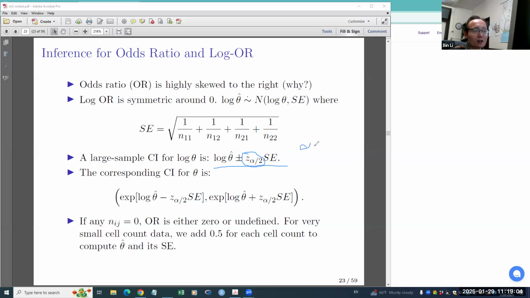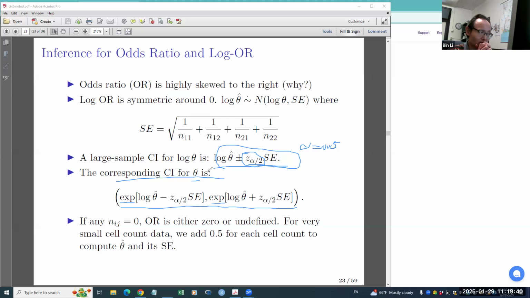Let's say if alpha is 0.05, then it will be 1.96, right? So the corresponding confidence interval for the odds is this one. Find the cutoff points for the log odds ratio, and then take the exponential on the lower and upper limits. That will be the corresponding confidence interval for theta, for the odds ratio.